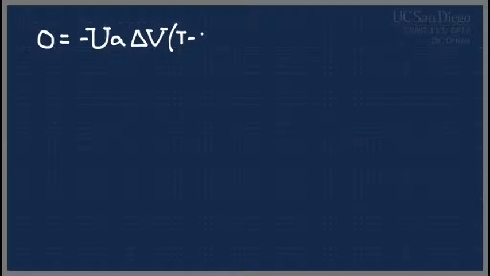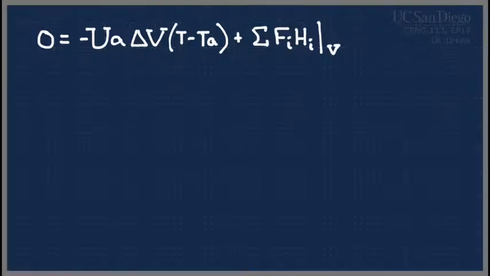And so what we end up with is 0 is minus UA times delta V times T minus Ta, plus the sum of Fi Hi evaluated at V, because that one's coming in, minus the sum of Fi Hi evaluated at V plus delta V.